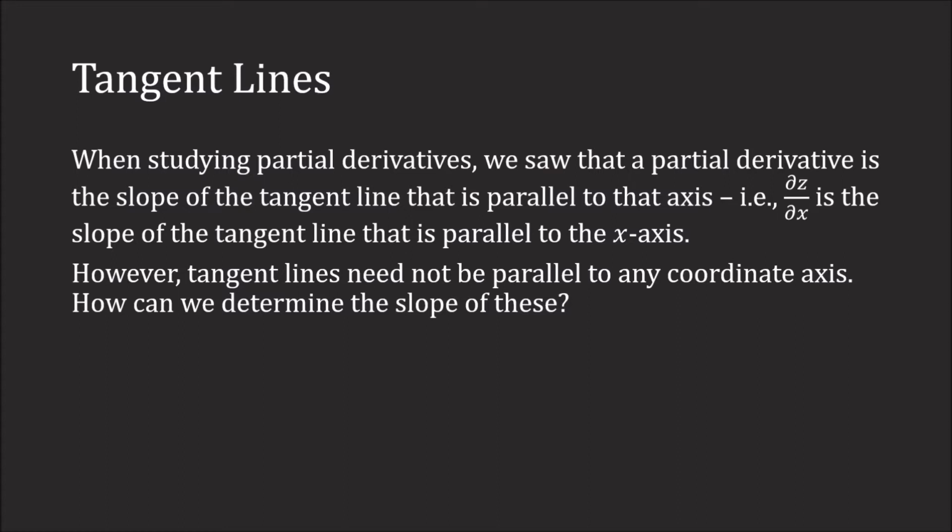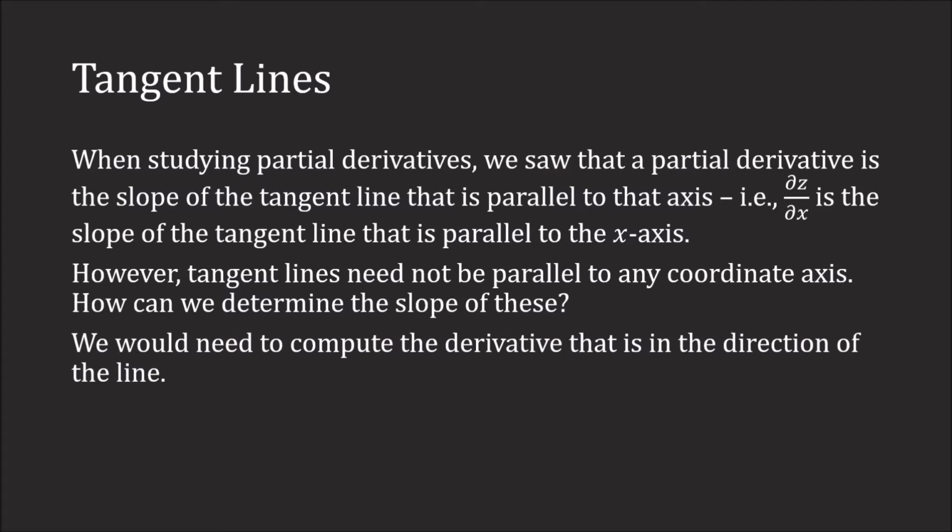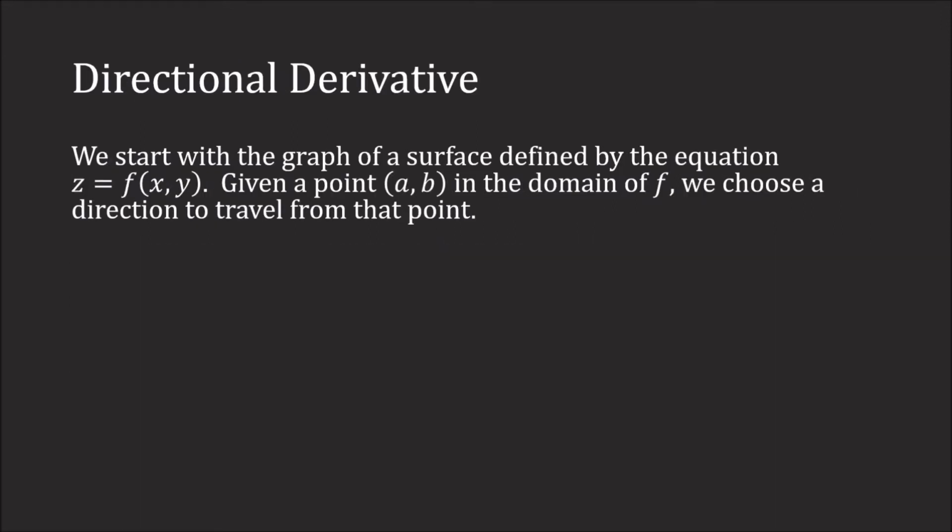So what we wind up computing is the derivative in the direction of the tangent line that we're looking for. We start with the graph of a surface defined by the equation z equals f of x, y. If we're given a point (a, b) in the domain of f, we must choose a direction to travel from that point.